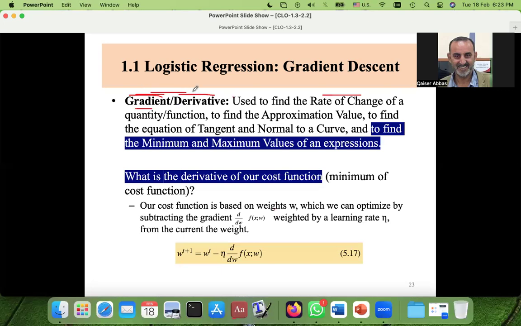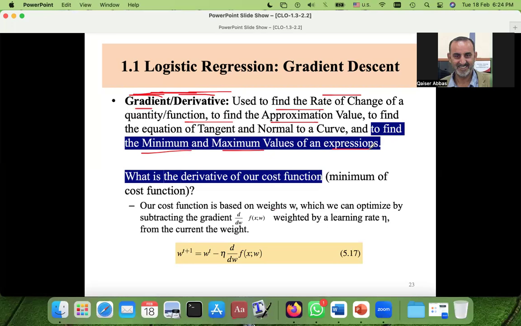We can also use them to find an approximate value for something, to find the tangent or normal to a curve, and to find the minimum and maximum value of some equation or expression.